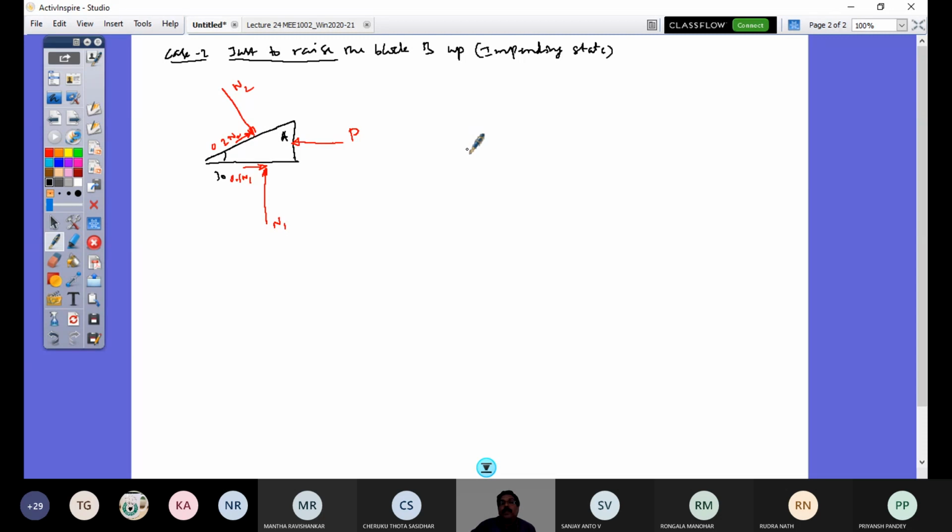Now the load given by block B, and this weighs Q, and just to rise up means now the direction of friction is down. So this is 0.3 N3 and I'll have normal here N3, right? And you see here the direction is just opposite to what you have drawn for the wedge.